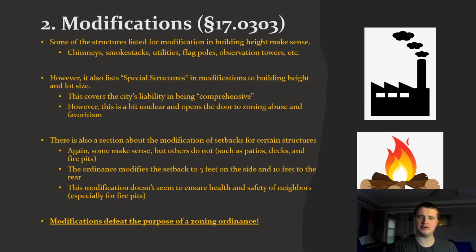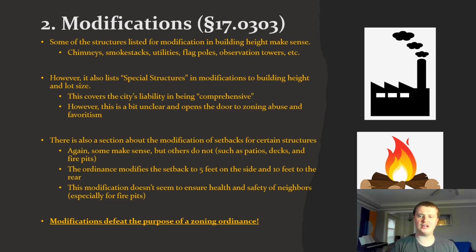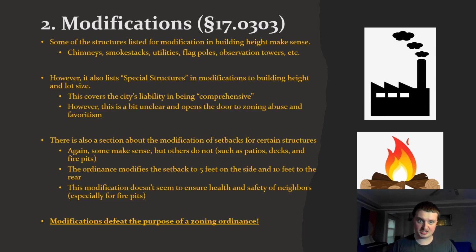Things like chimneys, smokestacks, utilities, that sort of thing, they're exempt from the building height requirement, which I think makes sense. But they also include the term special structures in that section, which is, in my opinion, a little bit unclear as to what exactly that means.